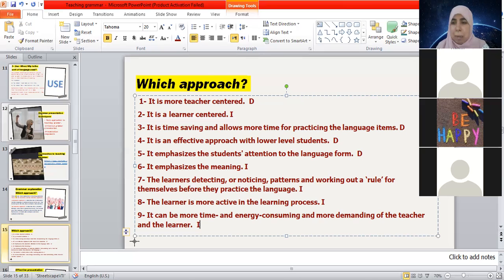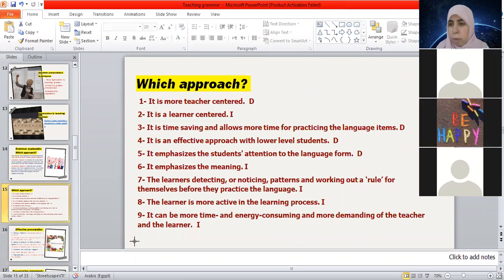No. So can you tell me which one you like best, or which one do you always use in your classroom? Inductive. Okay. Why, Raghda? Can you tell me why? Because the curriculum I'm working with typically uses this way.